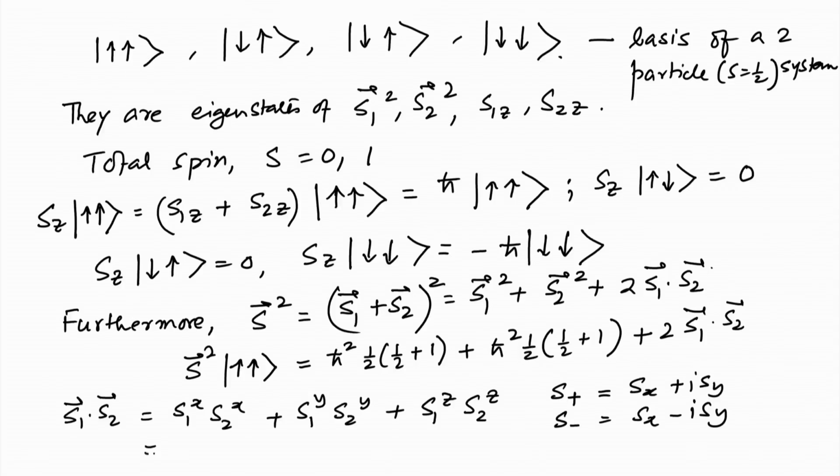Now, this will give me S1 dot S2 equal to a half times S1 plus S2 minus plus S1 minus S2 plus, and plus S1z S2z.